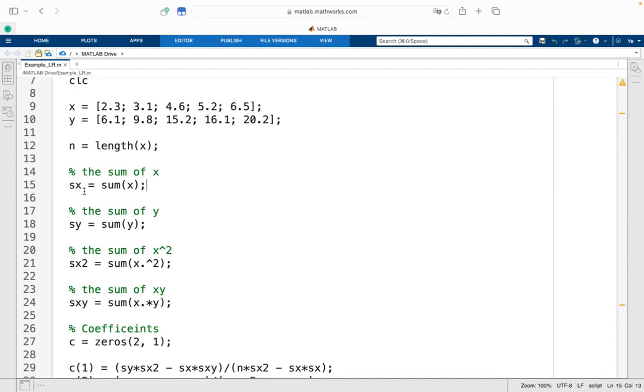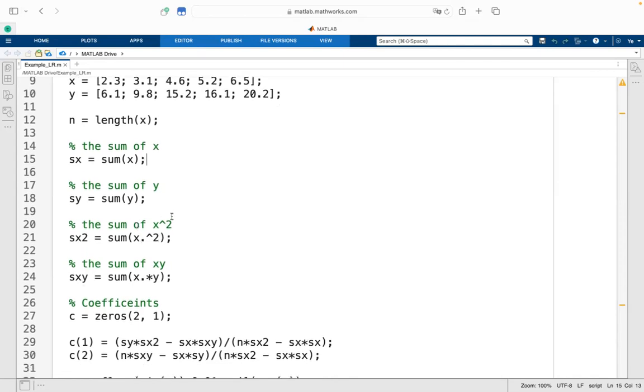I use sx because we cannot type the sum symbol here, so sx equals sum(x). Similarly, sy equals sum(y). Then for the sum of x squared, sx2, where 2 is for square, equals sum(x.^2). The dot caret 2 squares each element of x.